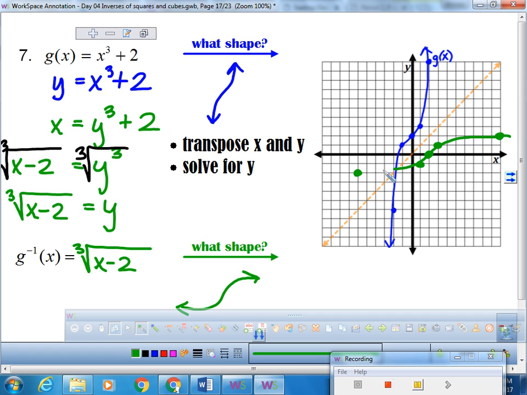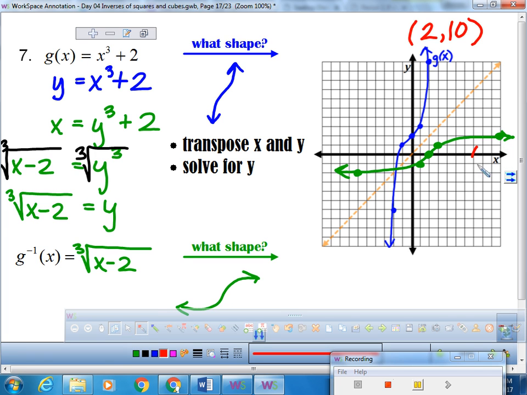Does that look like it's the inverse? Here's how you can tell if you're right. Test a point. Here's a point. Over 2, up 1, 2, 3, 4, 5, 6, 7, 8, 9, 10. 2, 10. So what should my inverse be? 10, 2. Over 10, up 2, am I right?